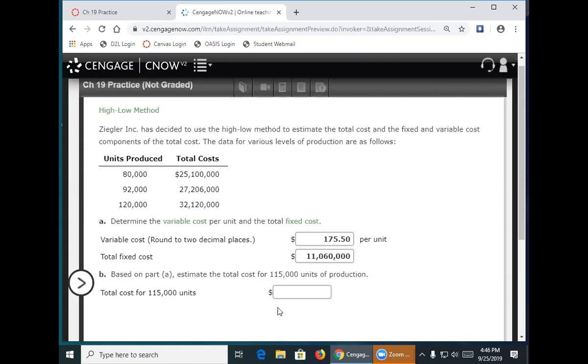Let's see, your total cost would then be 31,242,500.